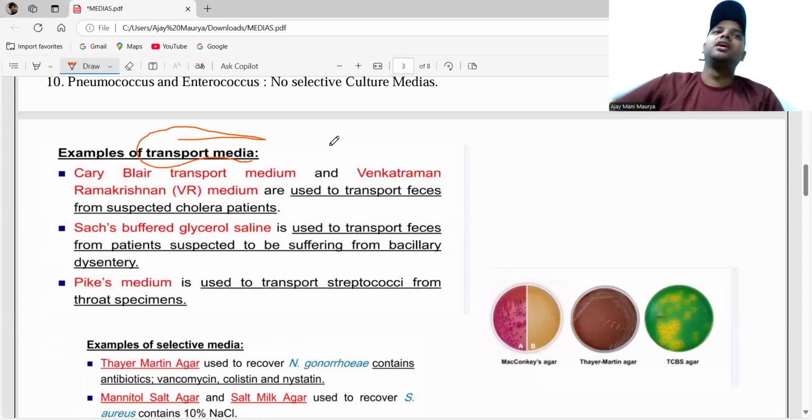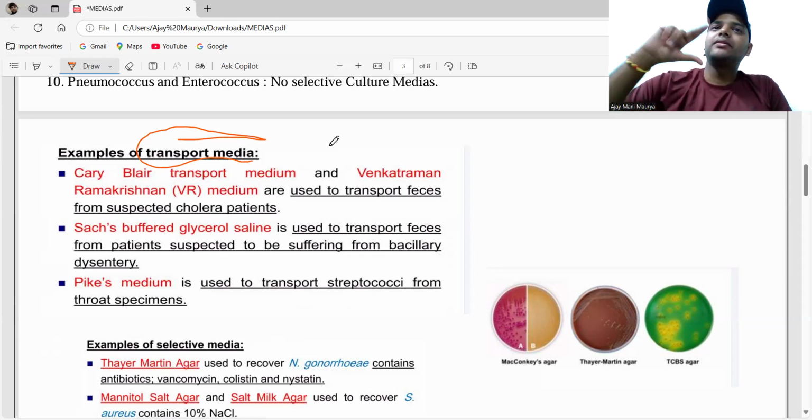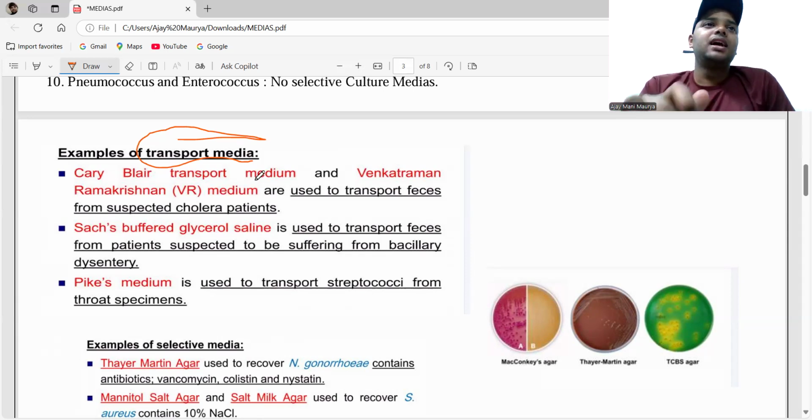That's why you have to put those specimens in a media until you reach the lab. The Cary-Blair transport medium and the Venkatraman Ramakrishnan (VR) medium are used to transfer feces from a suspected cholera patient.